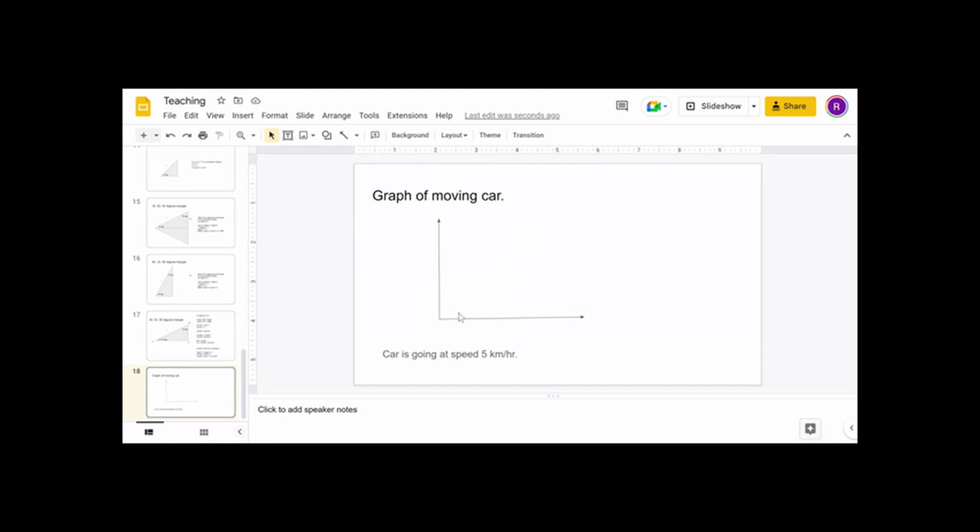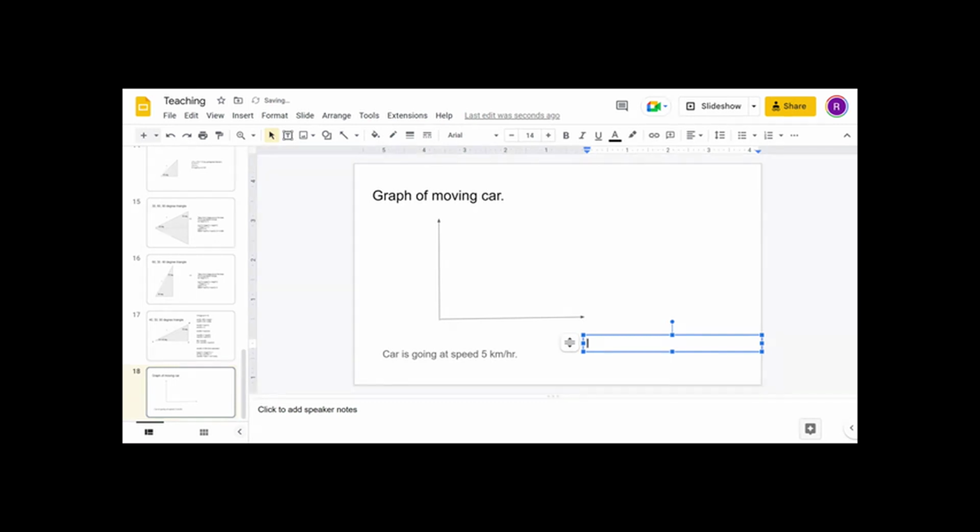Yeah. So if I draw, x-axis will be time in hours, let's say, and the y-axis is distance in kilometers. So x is time in hours and y is distance in kilometers.